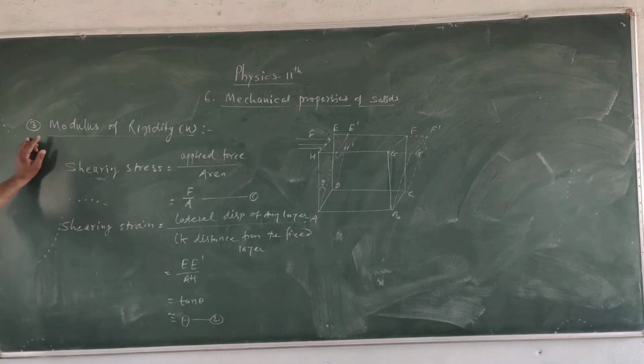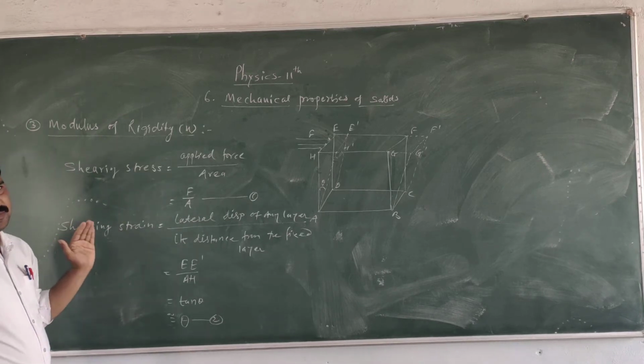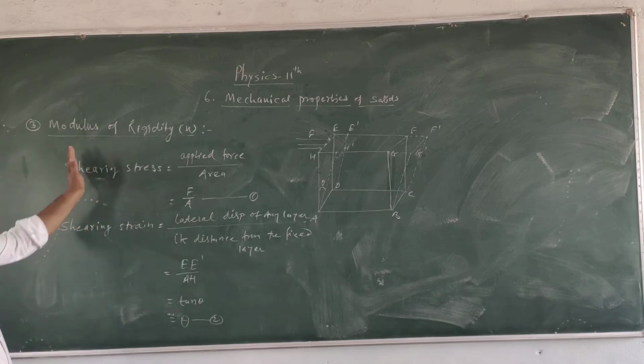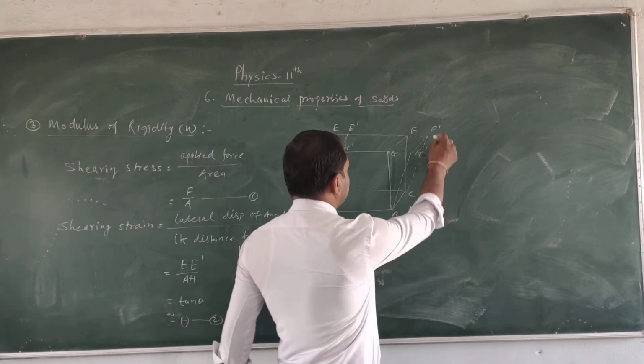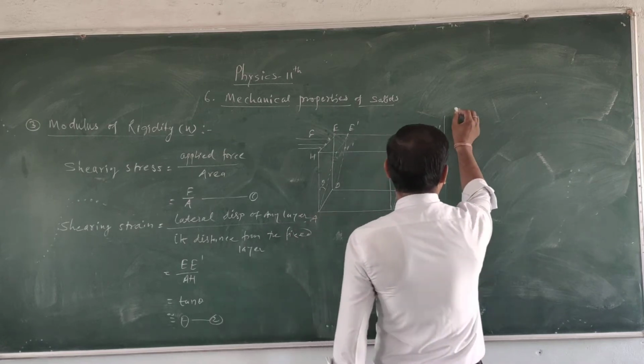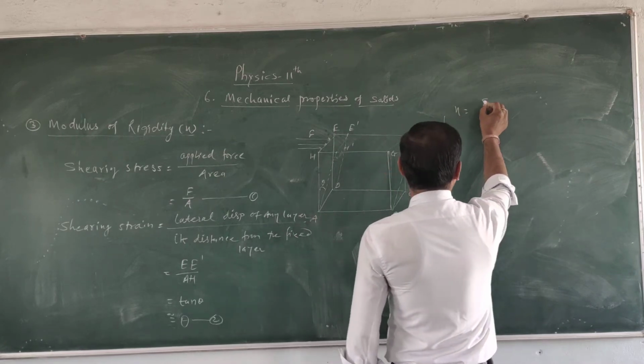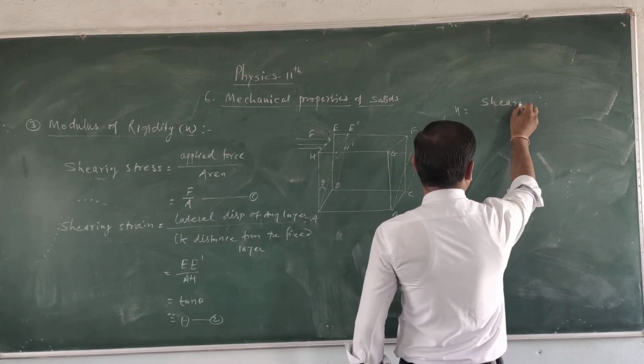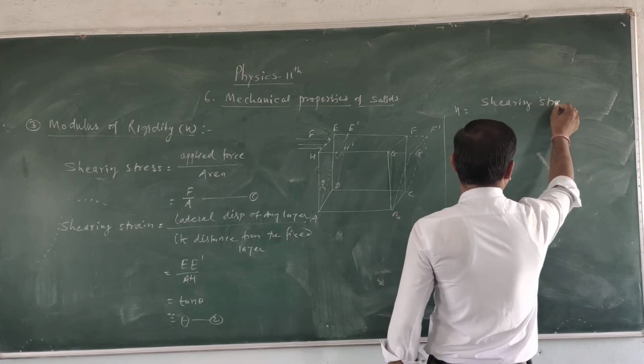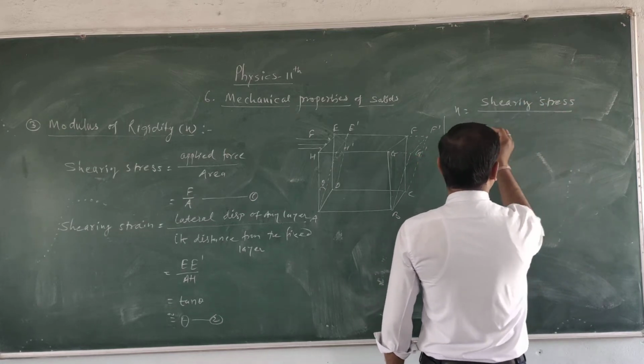But basically the modulus of rigidity is the ratio of shearing stress to shearing strain. So the modulus of rigidity, eta, is equal to shearing stress upon shearing strain.